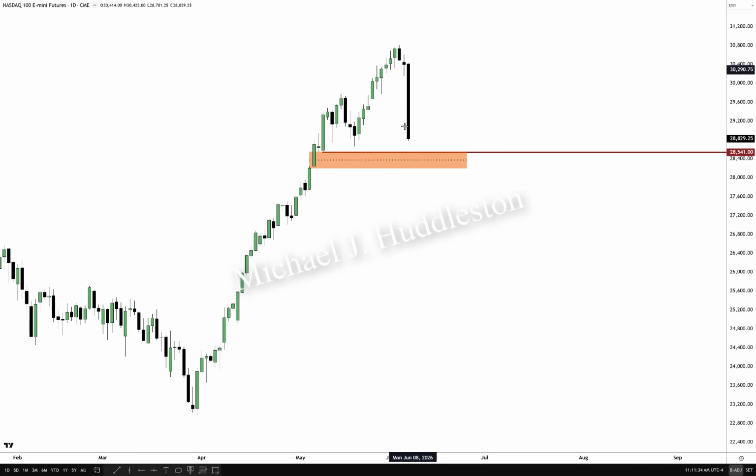Trade through it and then treat it as an inversion fair value gap. If it trades back up into this range here, this big sell side imbalance, buy side efficiency, this is where I would like to see it stop if it was going to retrace into it at all. There's a little bit of a caveat there.